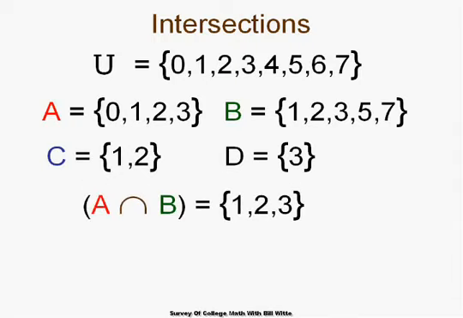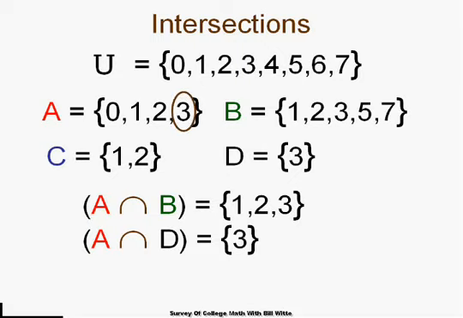The intersection of A and B is 1, 2, and 3. Look at set A and set B, and they both have 1, 2, and 3 in them, don't they?